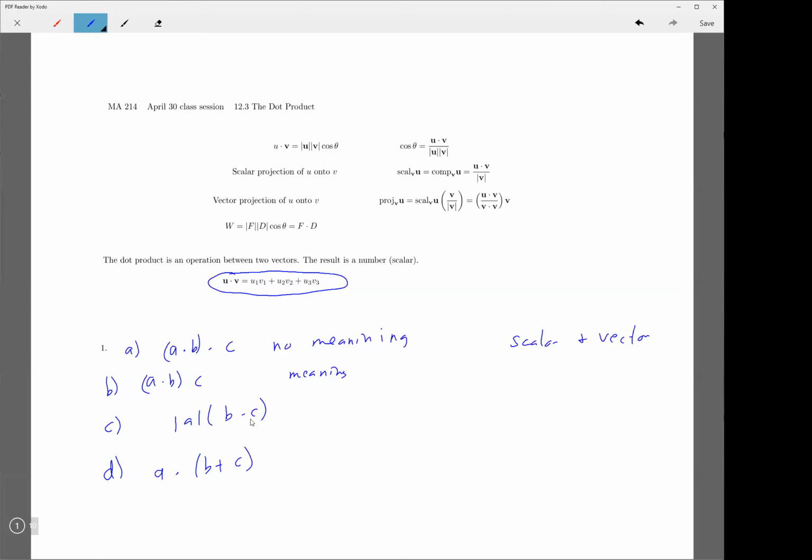Well, C has meaning because it is a product of... Yeah, that's going to be a scalar. This is also going to be a scalar. So is it two scalars? Yeah, two scalars. Okay. Yep.